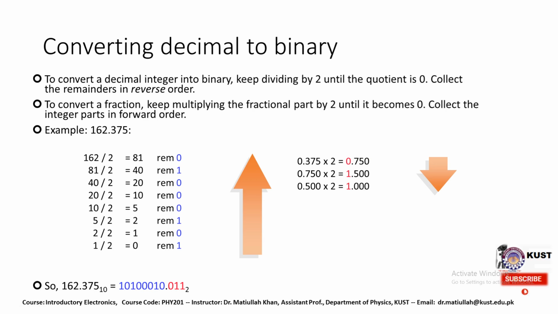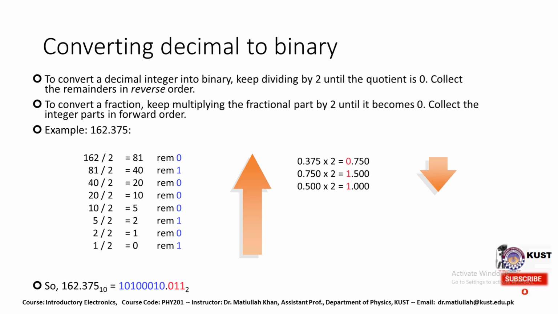How can we convert decimal to binary? We need to use the concept of remainders, for example 162 point this one, and if we have a fractional part, we need to multiply by 2 as well, so that it becomes 1, and then finally we combine the remainders and get the value. In this particular case, when we divide 162 by 2, we have a remainder of 0 and the value is 81, which we divide by 2 again.